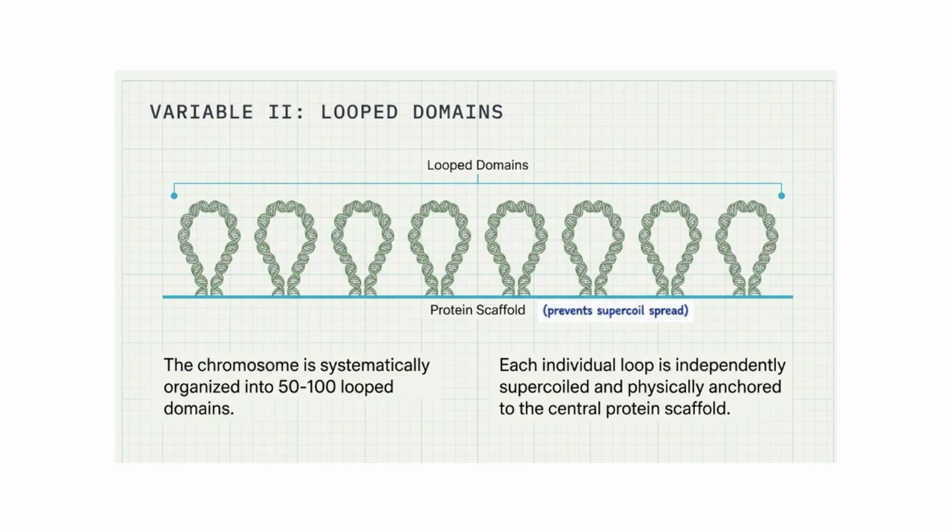Now see here, this is the diagram of the loop domain. Why are these loop domains important? If you see carefully, the circular chromosome is folded into many loops. Nearly 50 to 100 loop domains are there, and each loop domain is attached to this central protein, which I'm highlighting with this color.